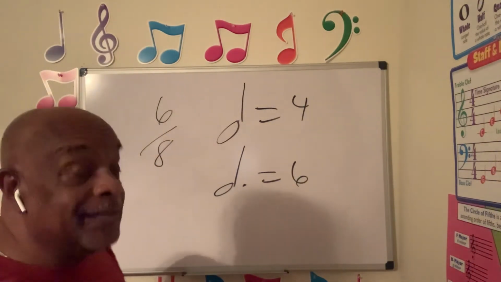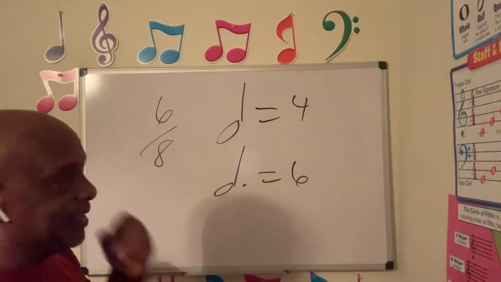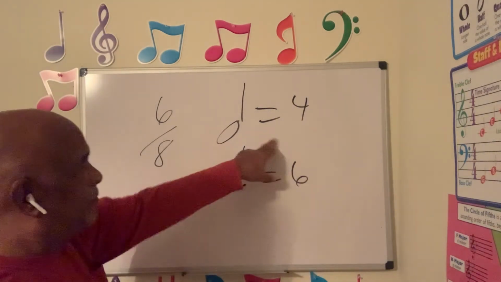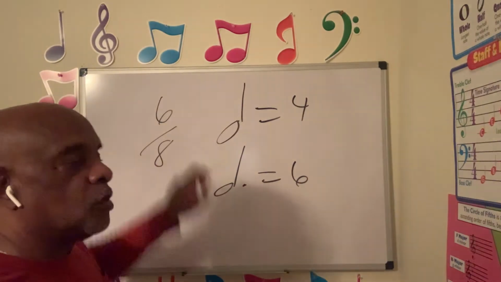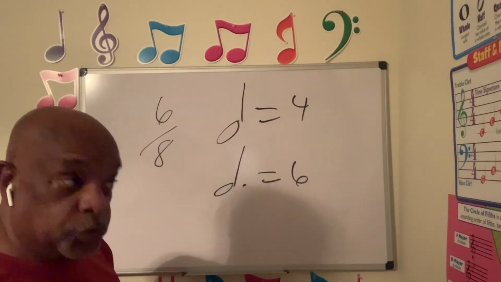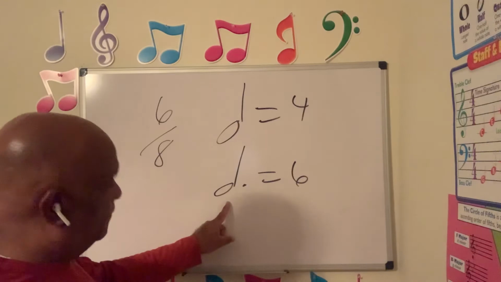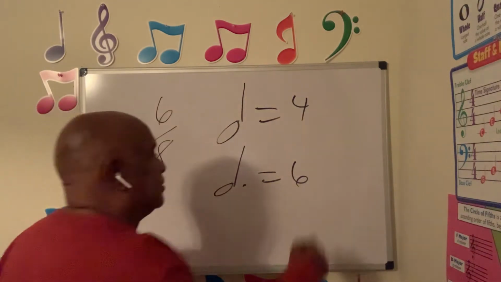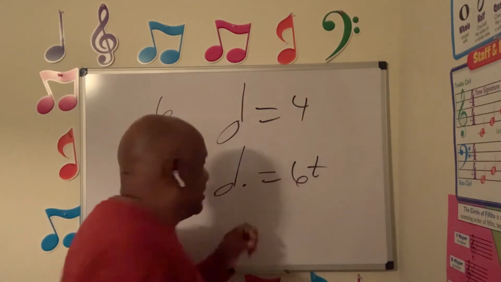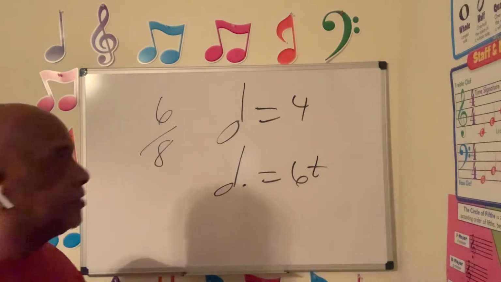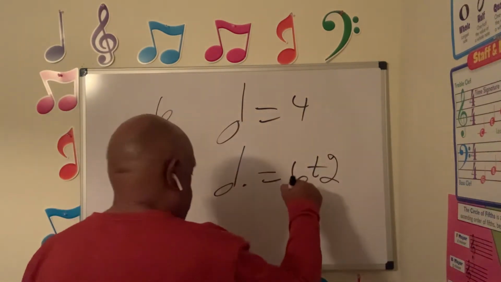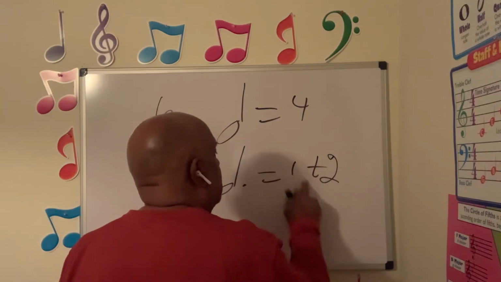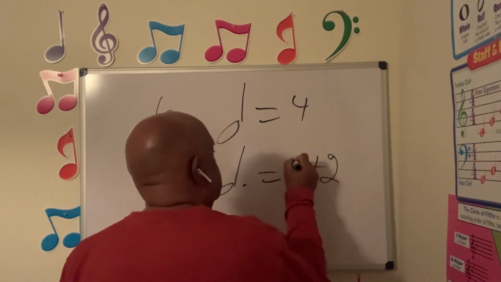The half note gets 4 beats, so half of 4 is 2. So if the half note gets 4 beats and you have that dot behind it, that dot is going to get 2 beats. I'm sorry, that's going to be 4. I put 6 down there.